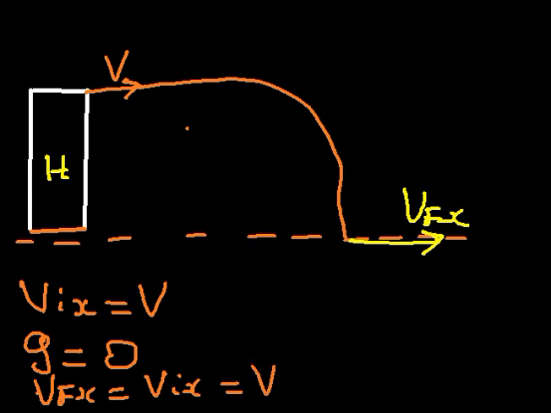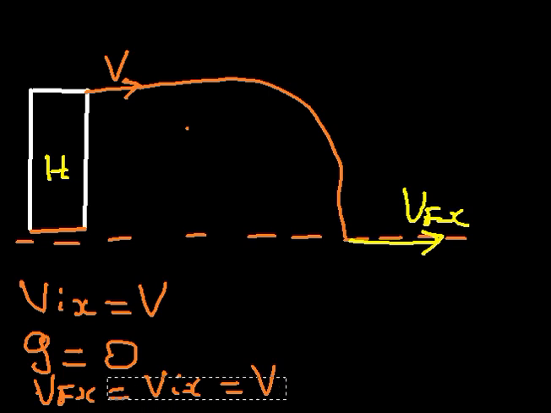So the velocity with which the object has been released from the top of the building is the same as the initial velocity, and also the same as the velocity with which the object is going to strike the ground along the x-axis.